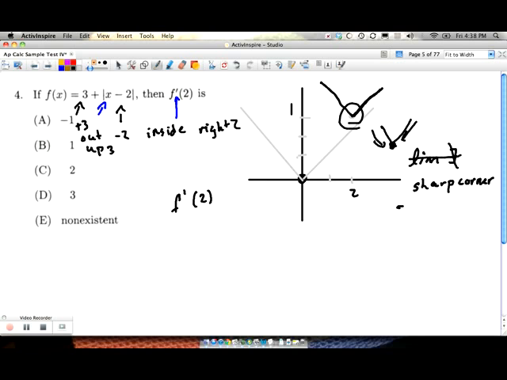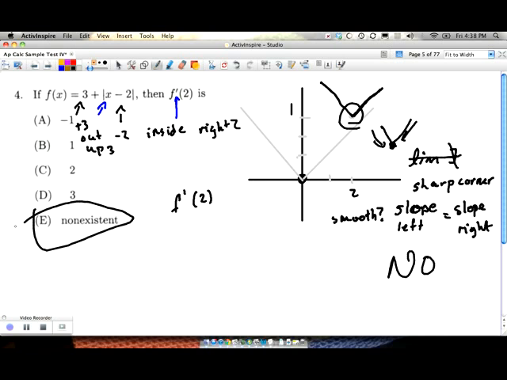And what that is basically asking is, is the slope from the left equal to the slope from the right? Another way to think of that is, is it smooth? The answer is no, so it's non-existent. Next.